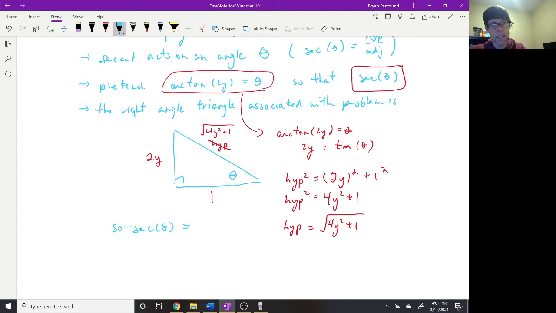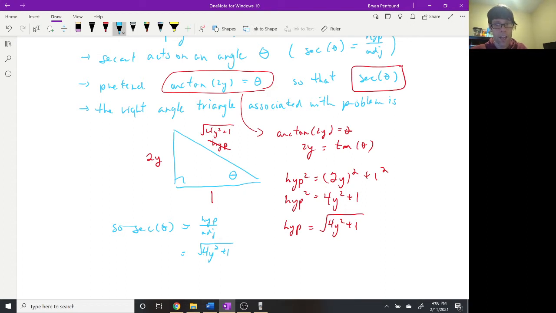Secant theta is, like we said, hypotenuse over adjacent. So secant theta is going to be the square root of 4y squared plus 1, divided by 1.